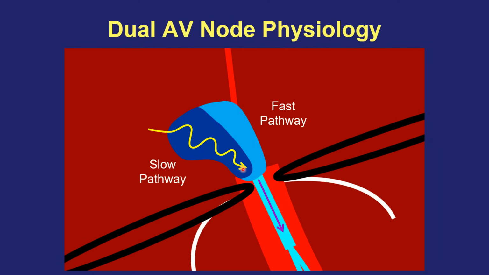And at that point, with that much longer AH interval still, you're again going to conduct retrograde up the fast, but this time you can get all the way through, even back up to atrial tissue. And what this is called is an AV node echo beat. When you conduct only down the slow and it takes long enough to allow the fast pathway to fully recover, you can go back up the fast and back up to atrial tissue.